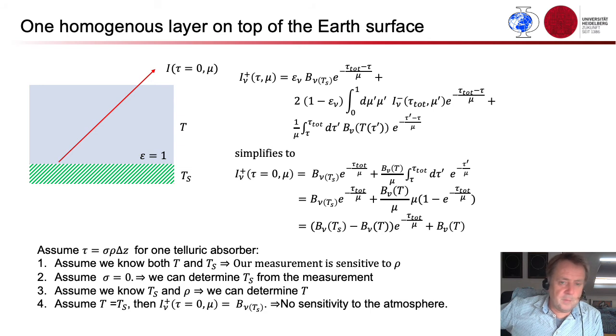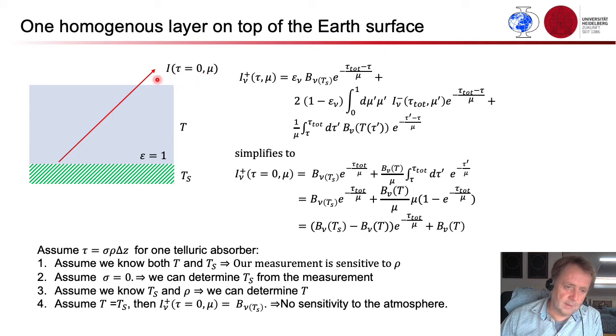And to get a bit more familiar with the formalism, we now consider a very simple example. One homogeneous layer on top of the Earth's surface. For the atmosphere we assume a temperature T, for the Earth's surface temperature Ts. The surface has an emissivity of 1, and what we have to do is calculate the integral along that line of sight with a cosine of the zenith angle mu.